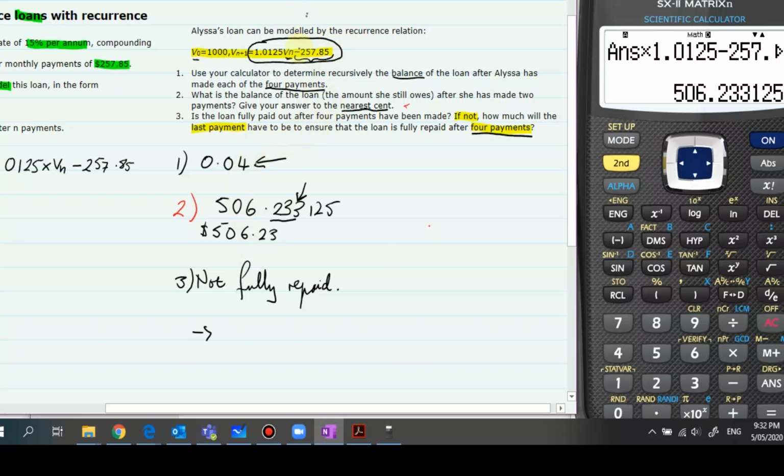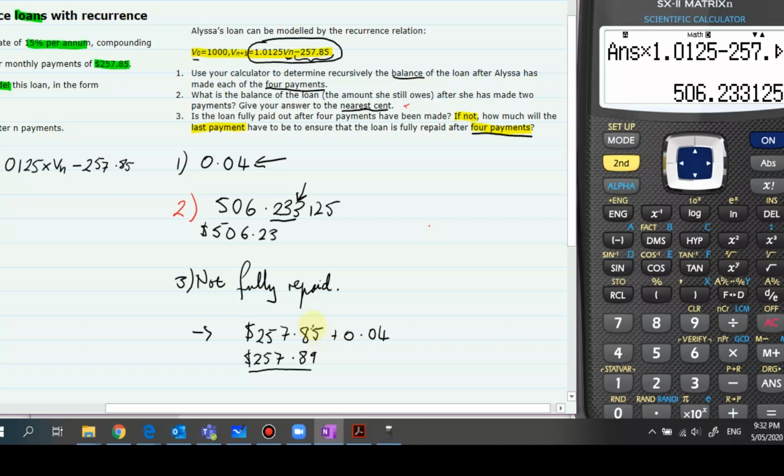So it'll usually be either too big or too small. So our last repayment has to be $257.85 plus 4 cents. Okay, so the last repayment is $257.89. And that's our answer.